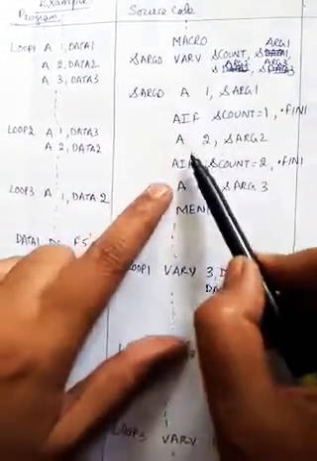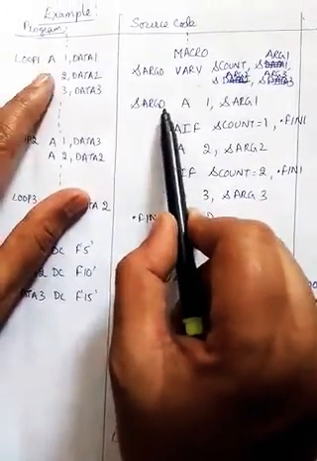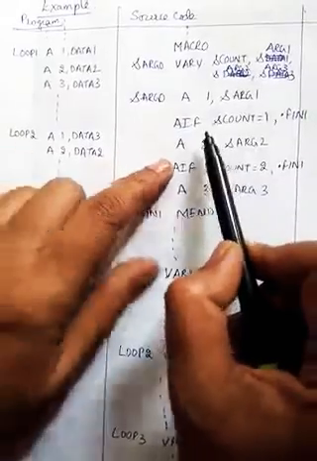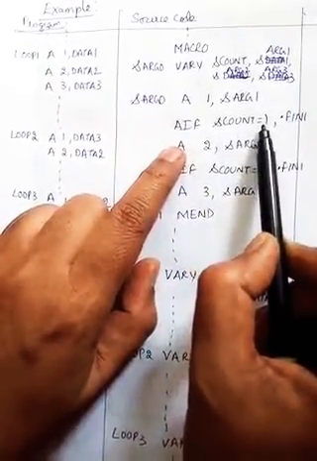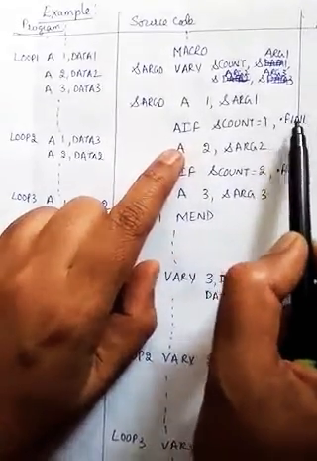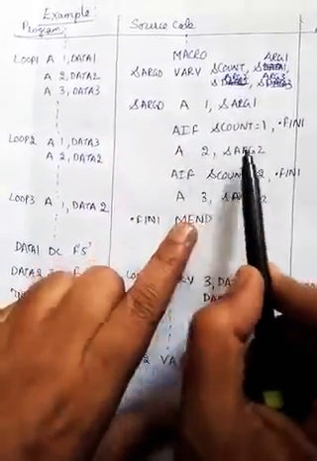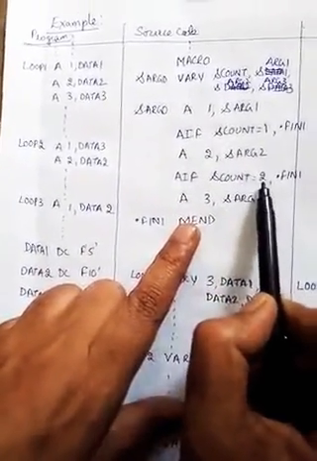Now while writing the definition, I will start with arg0, A1 comma arg1. After this, I will write the AIF statement: count is equal to 1, .FINI. Here .FINI is the sequence symbol. Then I will write the second statement, and again one more AIF statement with count equal to 2.